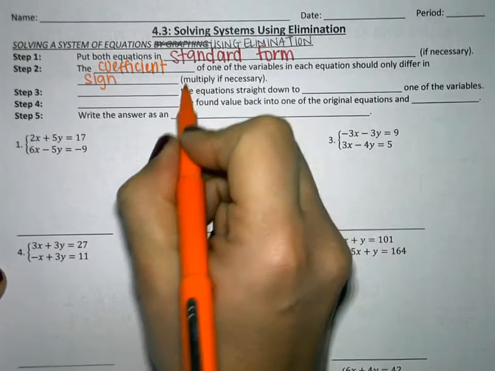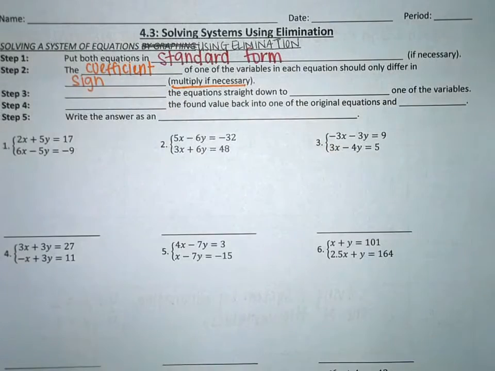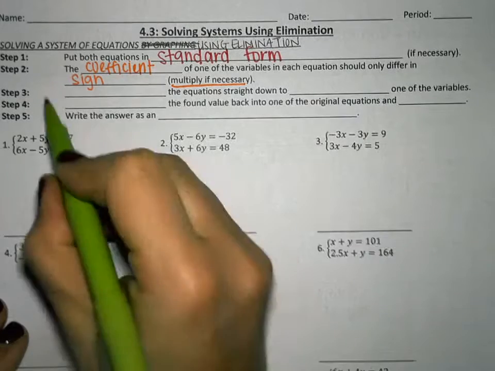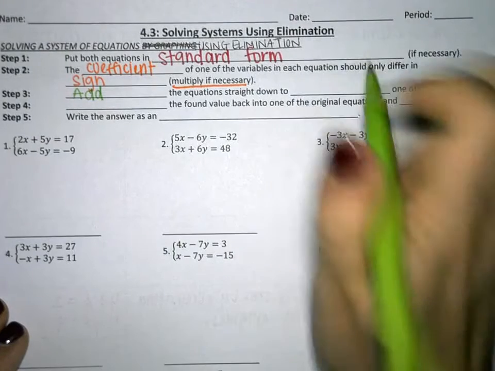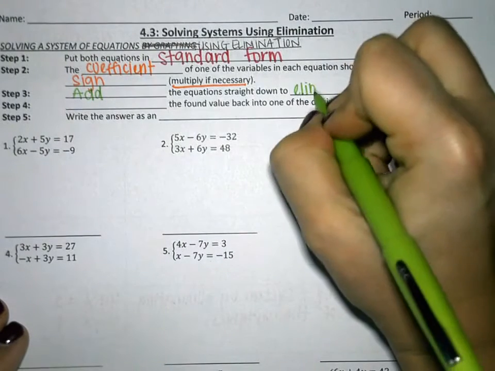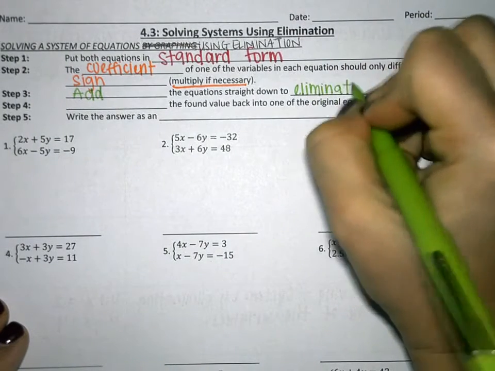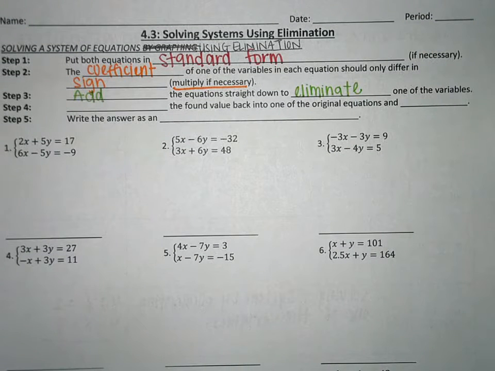So you will multiply if necessary to get the numbers the same but opposite signs. So then step 3 is you will add the equations straight down to eliminate one of the variables. And that will get you a variable solved for, so either x or y. It will differ every time.